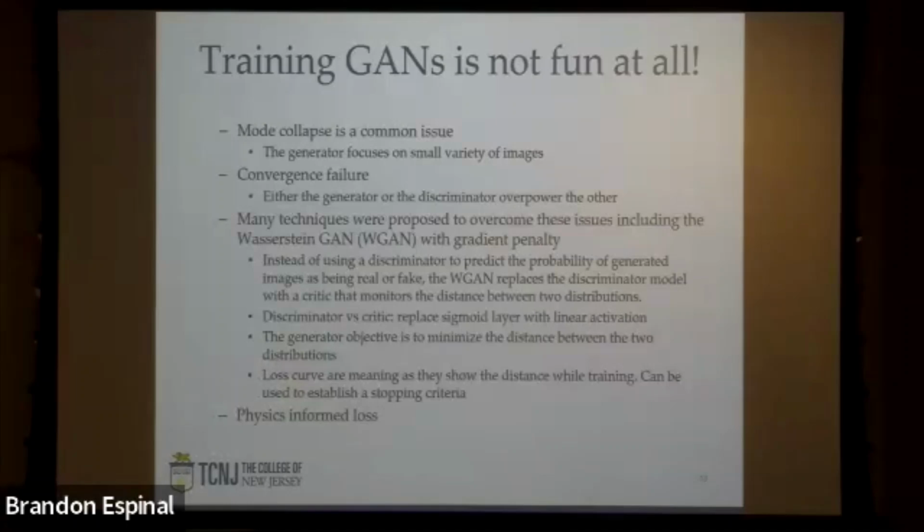Because if its feedback is that it's not real, it doesn't learn anything, it just does a bunch of random stuff, and you're never going to get a good output. On the other hand, if your generator is too good, then the discriminator is going to end up just saying everything's real, because it doesn't really know the difference. It's the same thing.